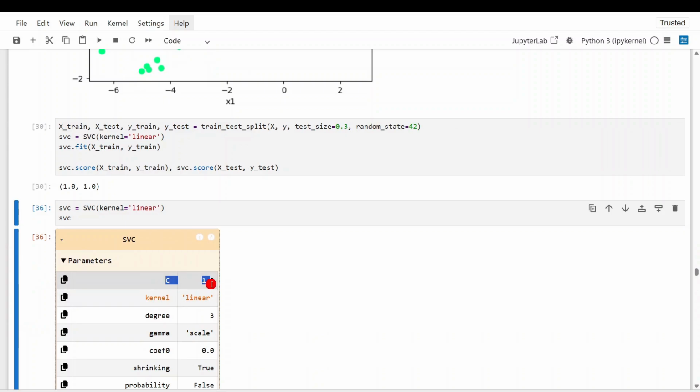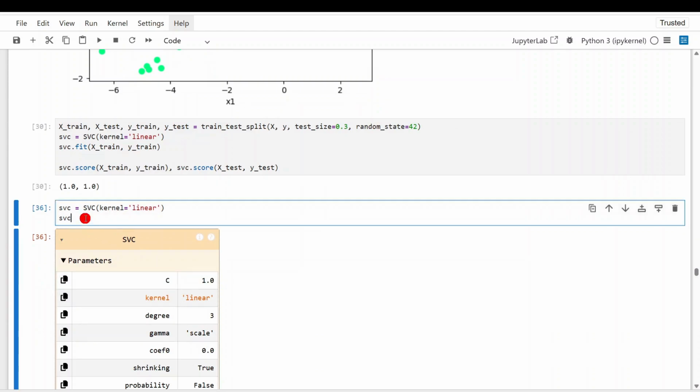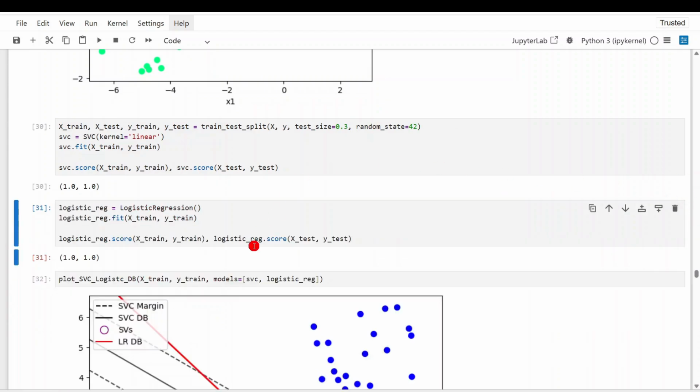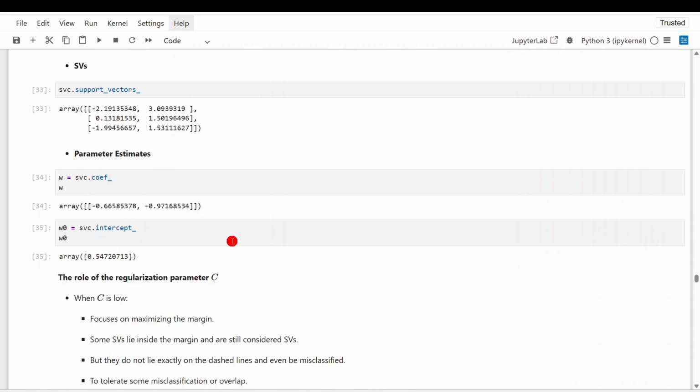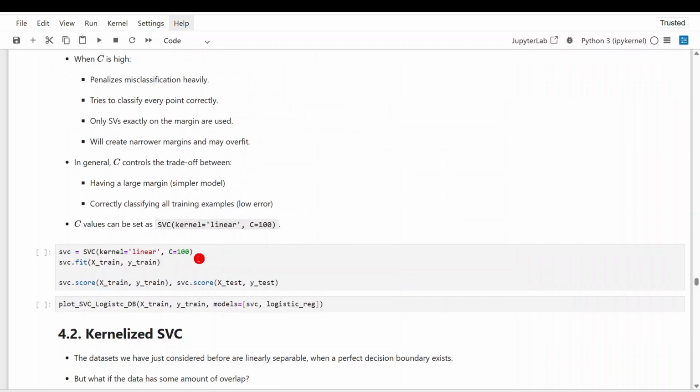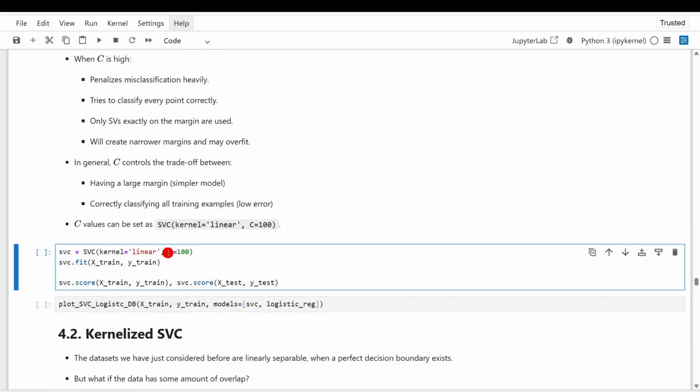See, by default it is 1. So let's change this value and refit our model. C is 1 by default, but let's increase it to 100.